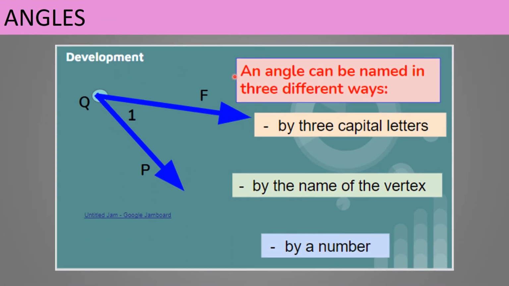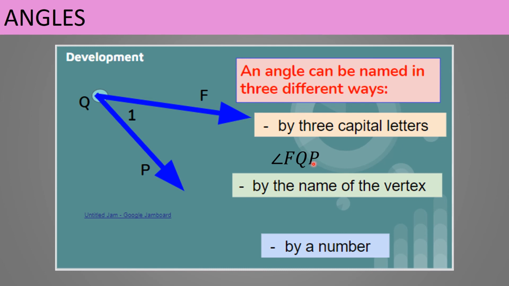Now, we can have different ways of naming an angle. So first one, by 3 capital letters. Of course, when we use the 3 capital letters, we always write in the middle the letter corresponding to the vertex. So we can name this as angle FQP.